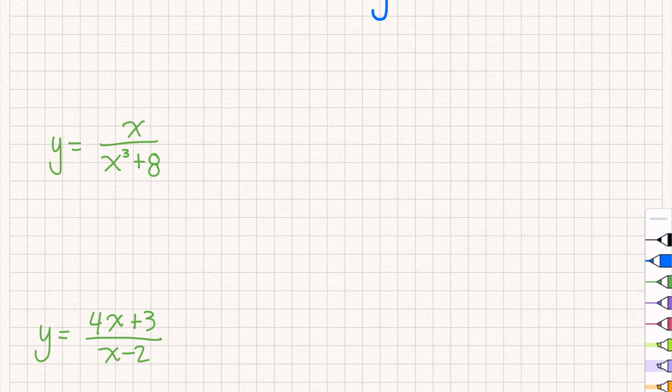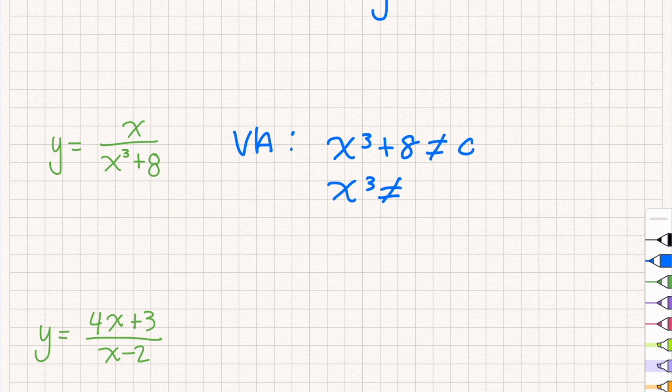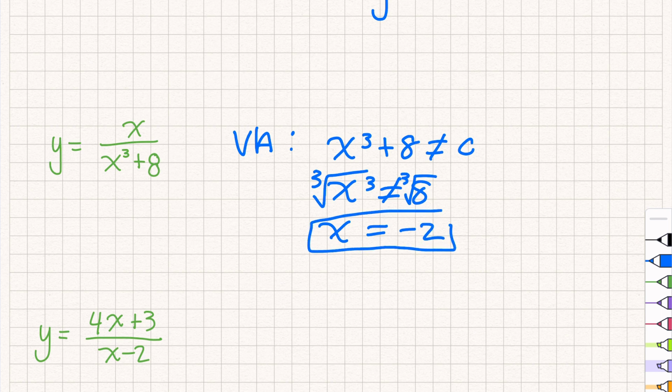So we're going to have a vertical asymptote where x cubed plus 8 cannot equal 0. So we would find the cube root, so x equals negative 2. And then if we look at the degree, it's higher in the denominator, so we have a horizontal asymptote at y equals 0.